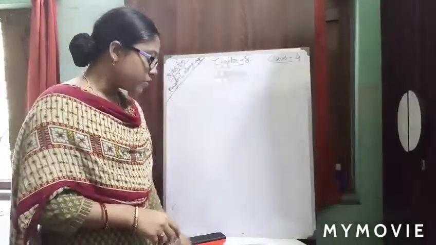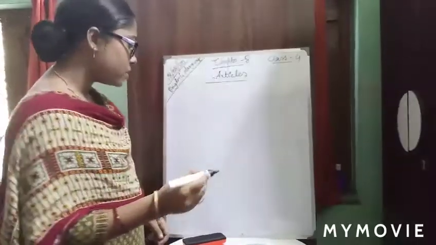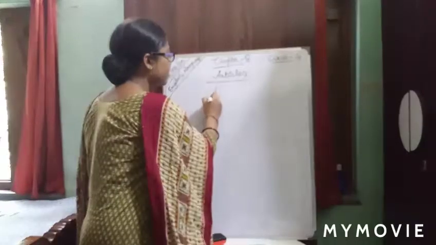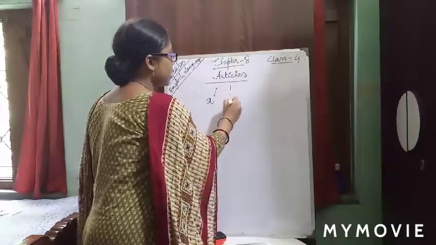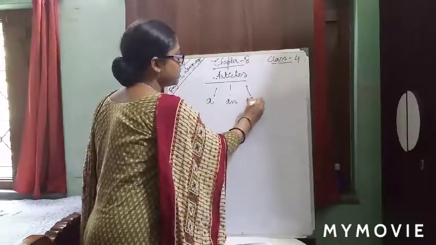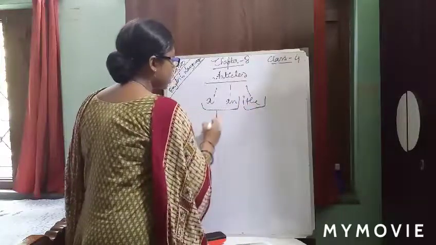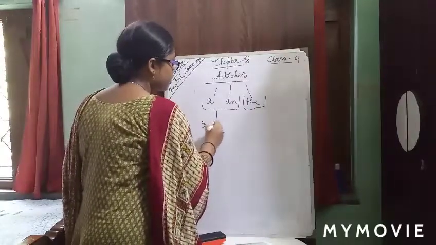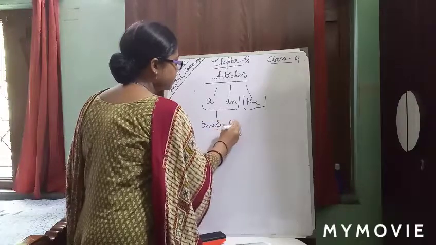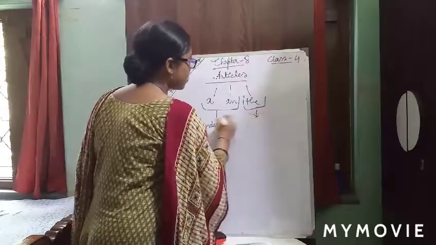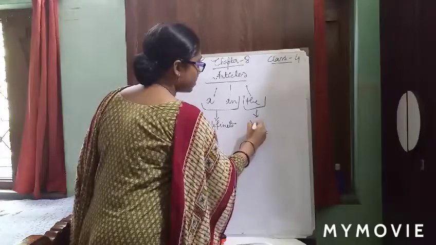So in that chapter, what have we discussed? We have discussed the main articles, A, an, and the. I have said already that A and an are known as indefinite articles and the is known as the definite article.